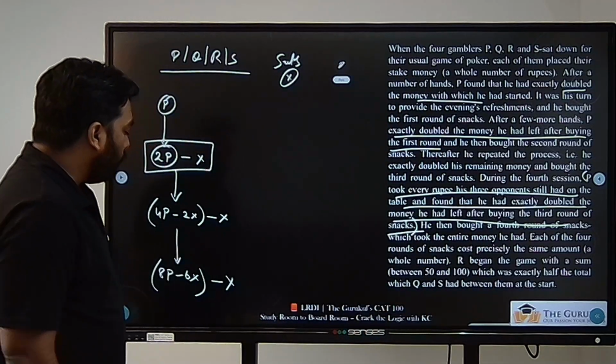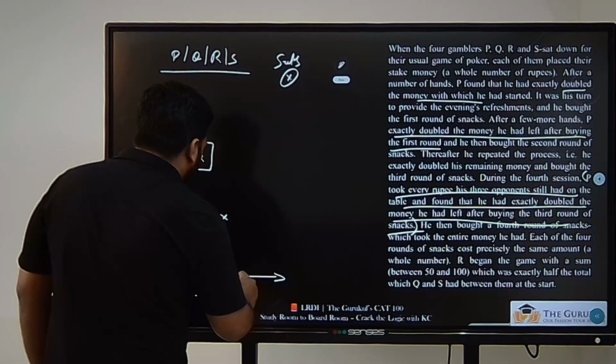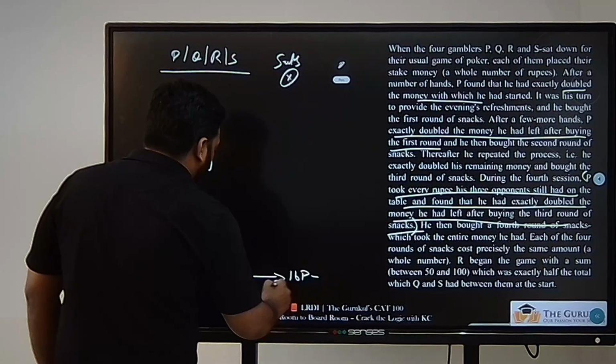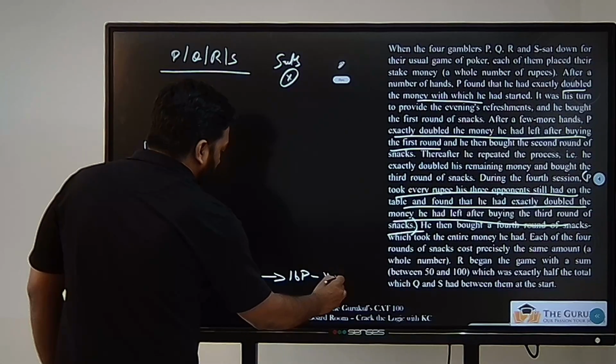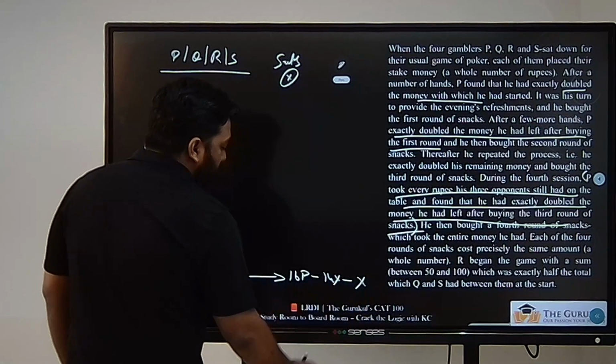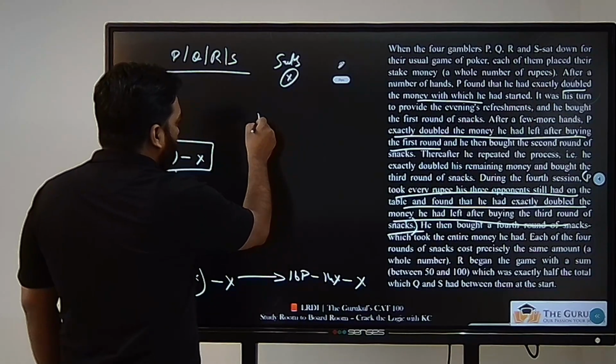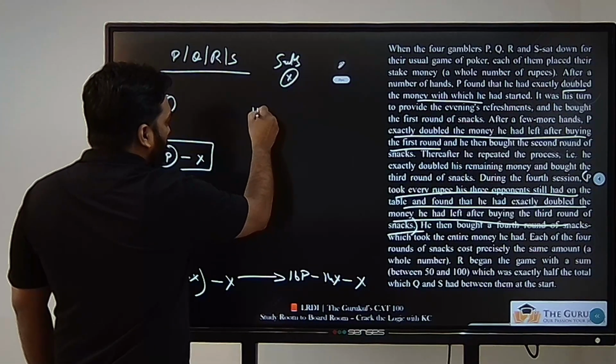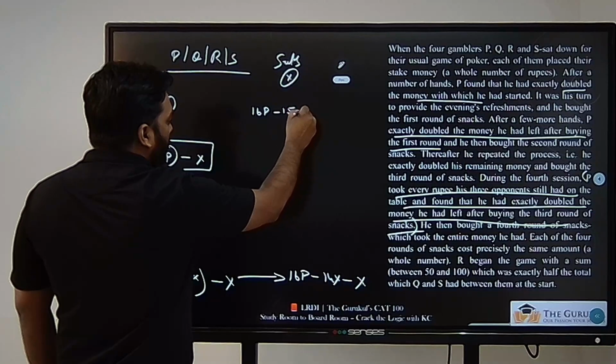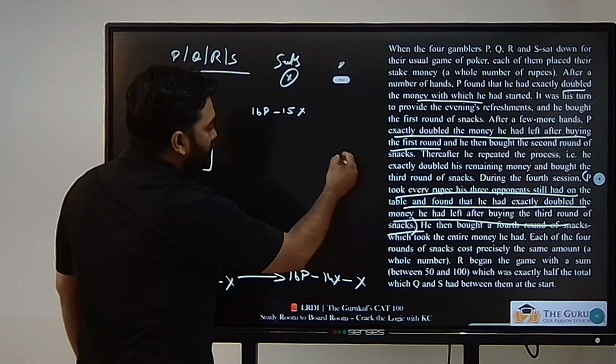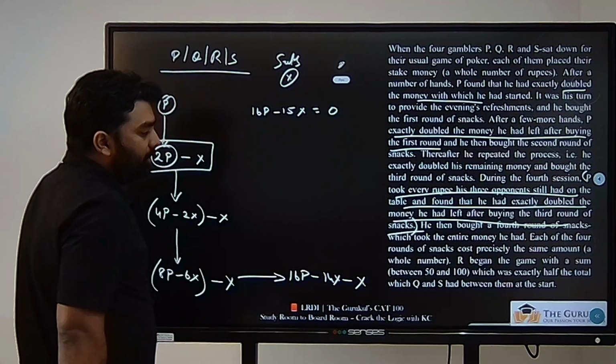Then he bought the fourth round of snacks. So he doubled. This became 16P minus 14X. And then he bought snacks worth X rupees, which will be 16P minus 15X. And after buying the fourth round of snacks, his amount became 0.